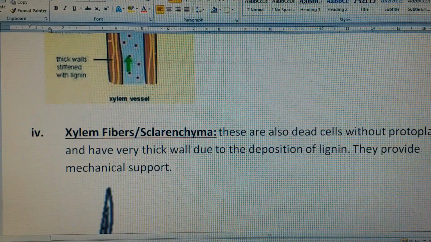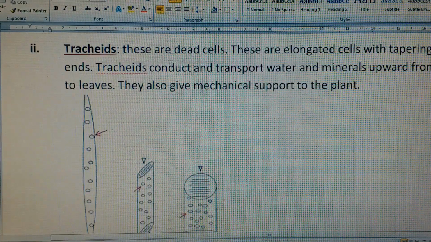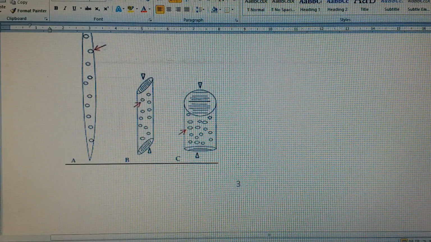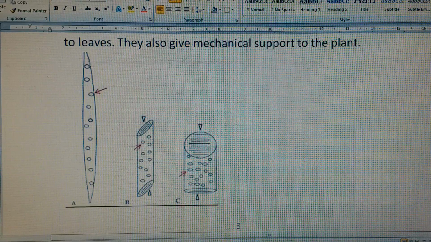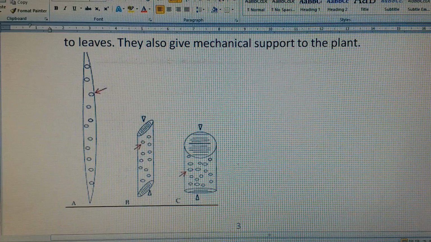One more thing I want to tell you: the tracheids and trachea are present in the vascular bundle in the xylem tissue, and they are of two types.